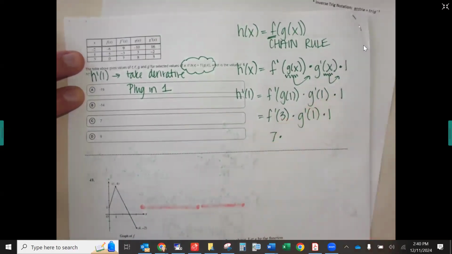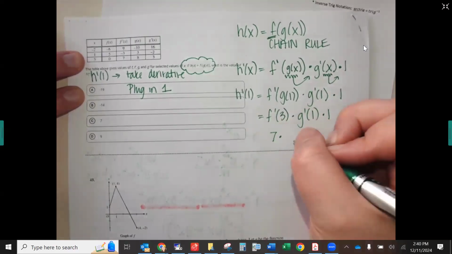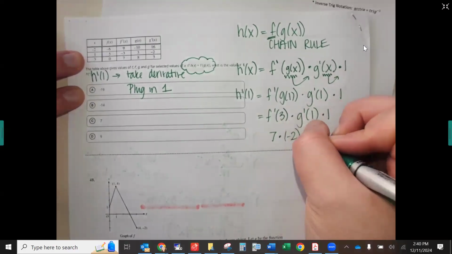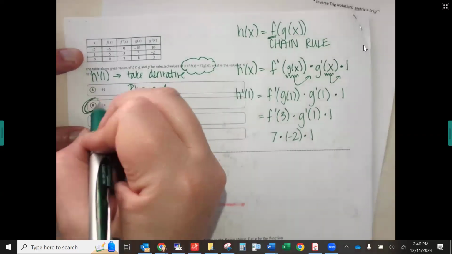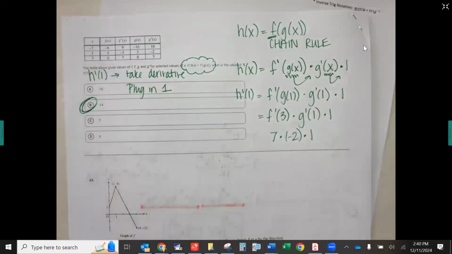What's g prime of 1? -2, and then times the 1 at the back. 7 times -2 times 1. What number would that be? -14. Okay, but remember, this is chain rule because they don't each have their own x and they're multiplied. The f has the g of x inside.